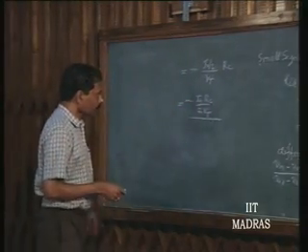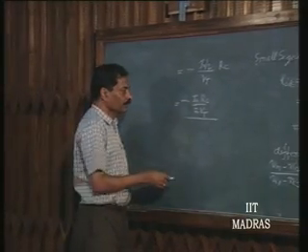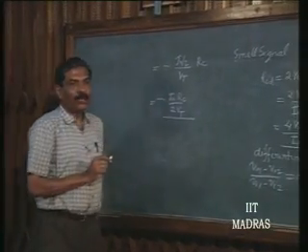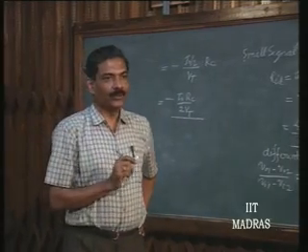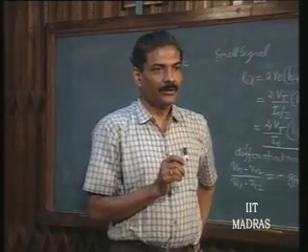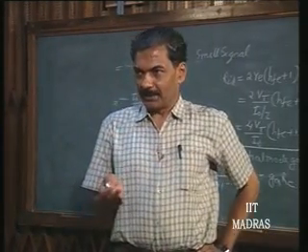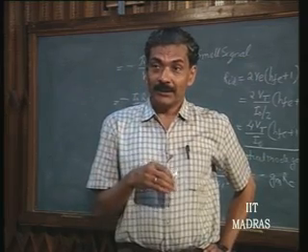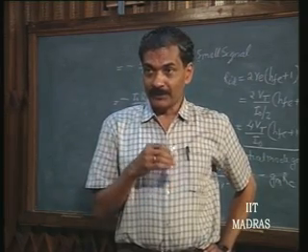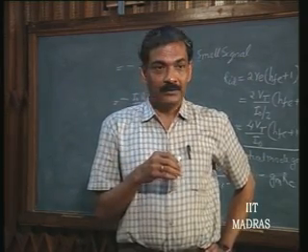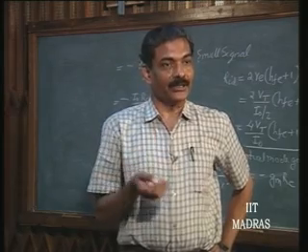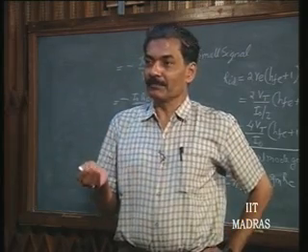Now, we also must know something about the output swing. Suppose it is not used as the input stage of an amplifier, it is used as an output stage itself, then the output swing becomes important.